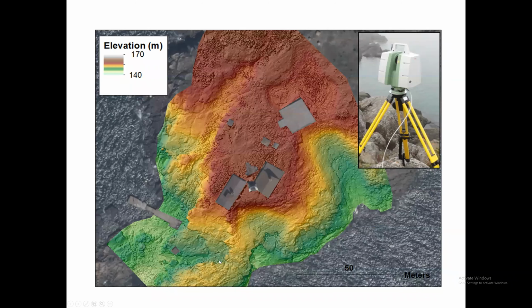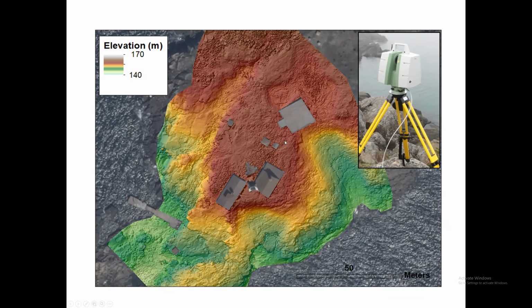This is a representation of some data that I collected a few years ago in the Upper Peninsula of Michigan, actually on an island, Isle Royale National Park, a small island called Passage Island. There's a lighthouse there, and because it's old and they used to use lead paint, it caused lead contamination in the soils in this area.